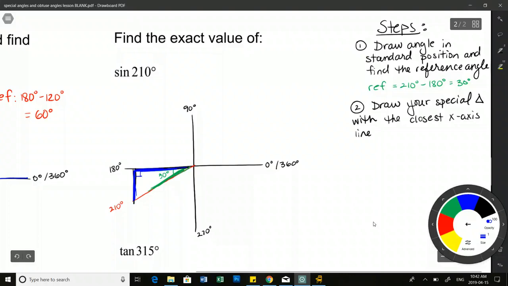I know that if this is 30 and this is 90, what's this angle down here in this corner? 60. Okay, and we're going to label our side measurements of our special triangle. In the 30, 60, 90 triangle, across from 30 is always 1, across from 60 is always root 3, and the hypotenuse of this triangle is 2.